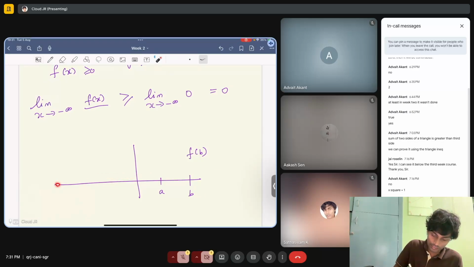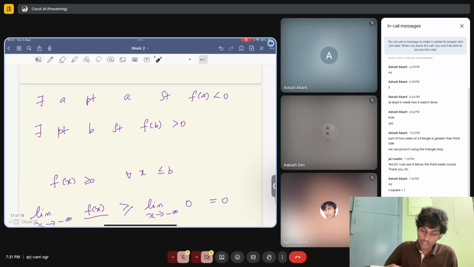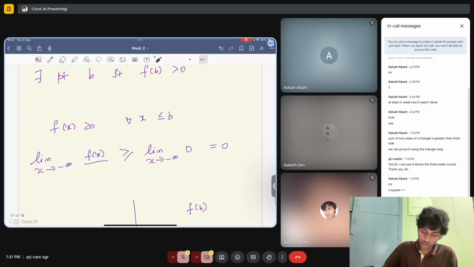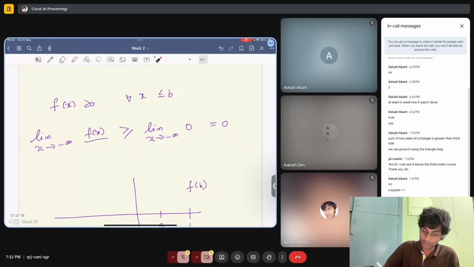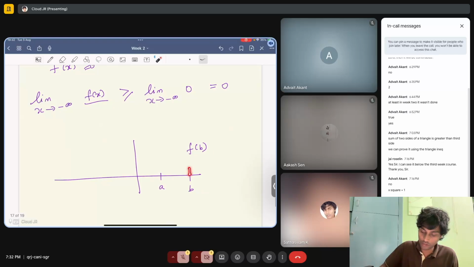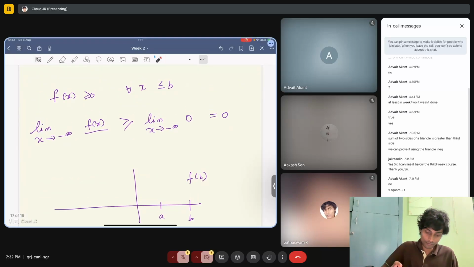What I care about is what is happening as x becomes smaller and smaller. So I can start with this point B and then move from here onwards. Since the limit is x goes to minus infinity, the limit does not change irrespective of whether you start with x less than or equal to B or x less than or equal to some other point. Okay, for the limit, the same argument holds.